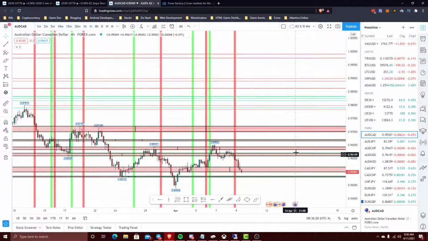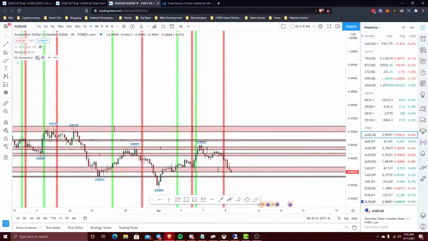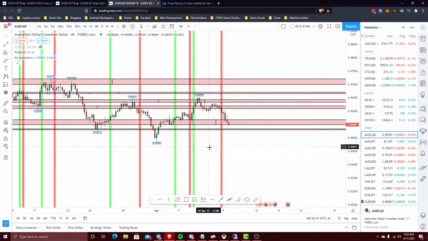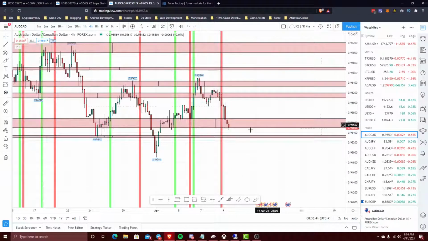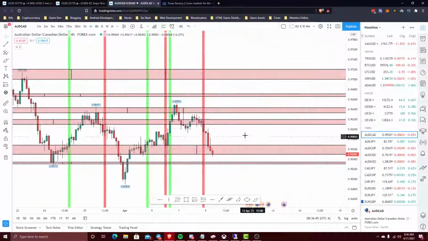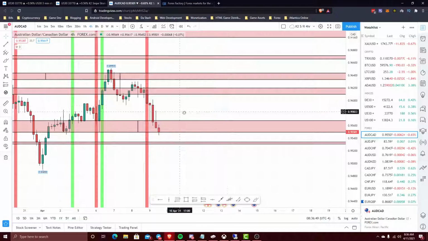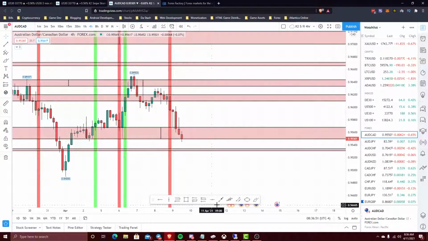So let's start with USD CAD. Let me turn off my zones indicator. Basically our last momentum signal is bearish. So what I think CAD is going to do is continue to move down, at least maybe to this zone right here.